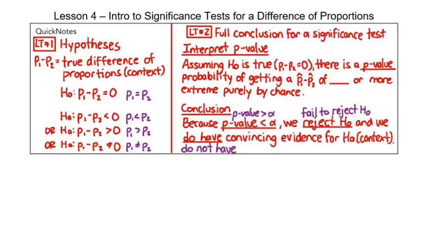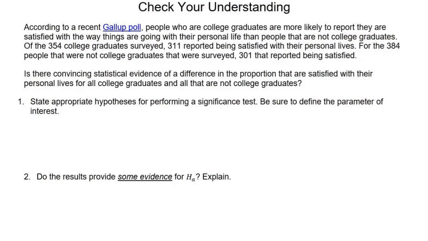Let's go down and look at the check your understanding. This will go over kind of the big important highlights that we need when we're doing a difference of proportions test, and then Monday we'll actually run a difference of proportions test with the 4 C's. All right. So looking down at the check your understanding. According to a recent Gallup poll, people who are college graduates are more likely to report that they are satisfied with the way things are going with their personal life than people who are not college graduates.